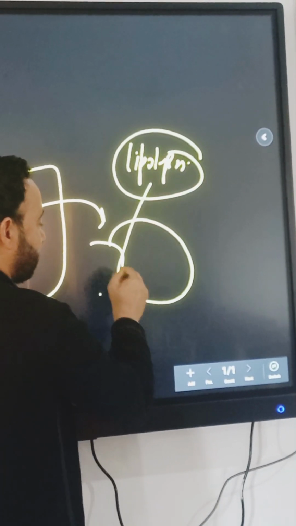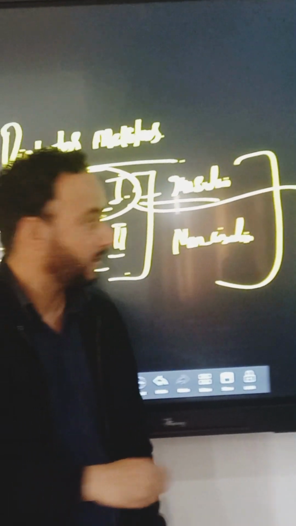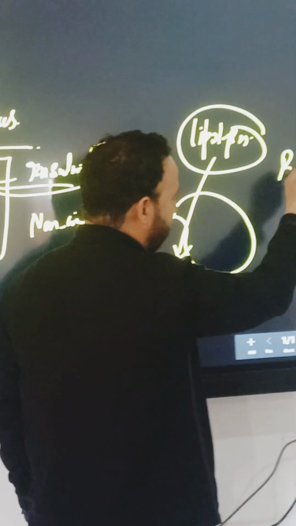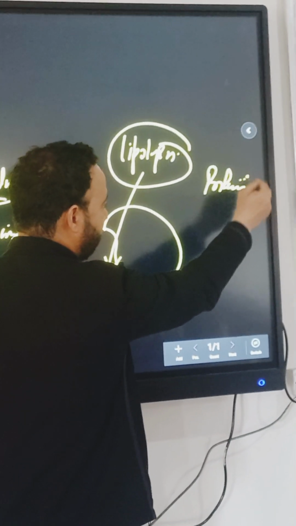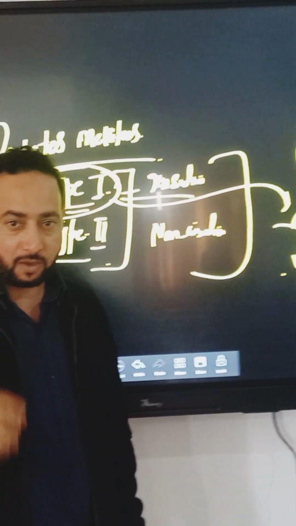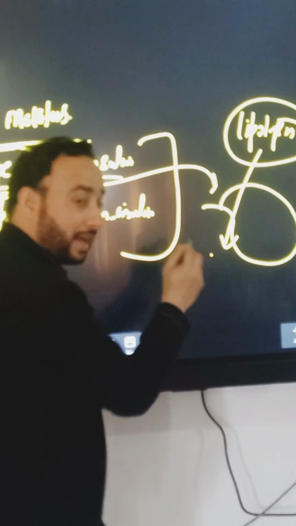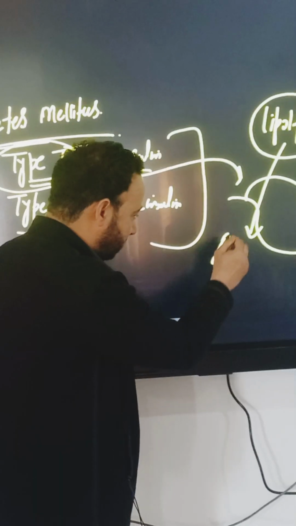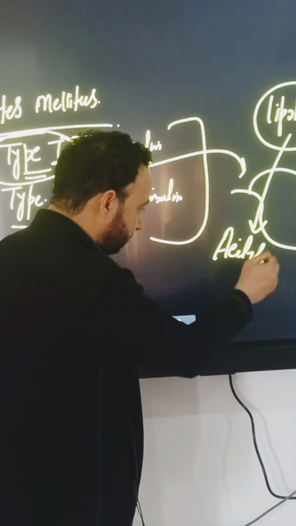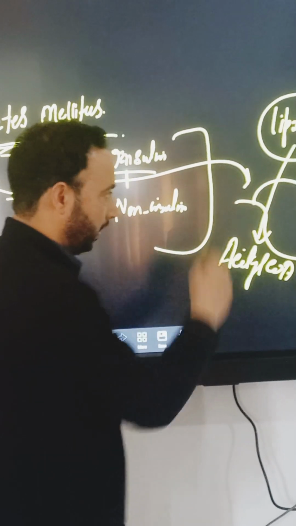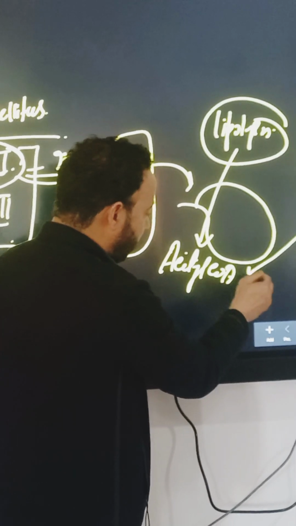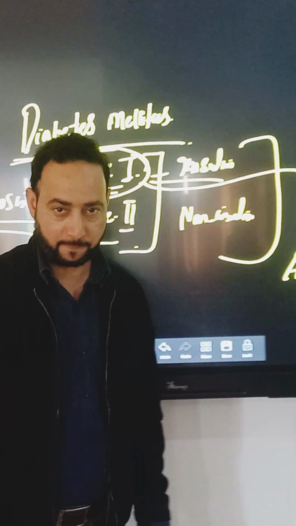Now the fatty acids will give us the energy. Simultaneously, proteins to some extent will give the energy. Now you understand one point. At the end of lipolysis, what is the end product? That is acetyl-CoA. Proteins will also liberate this acetyl-CoA.